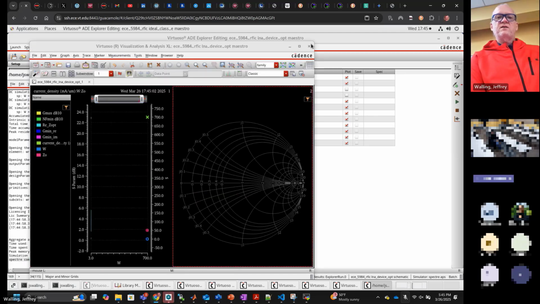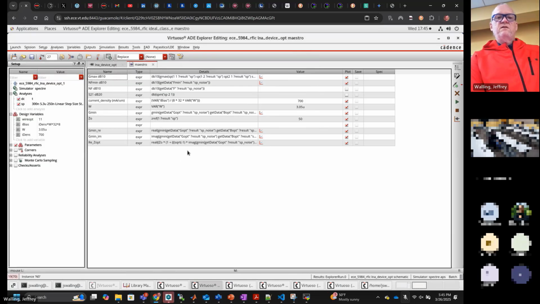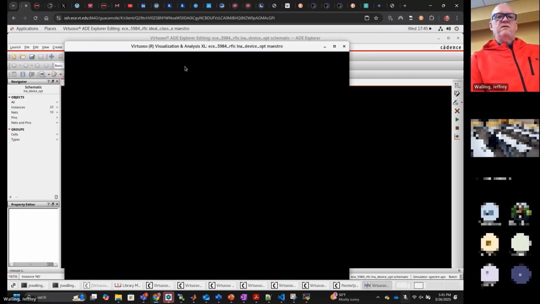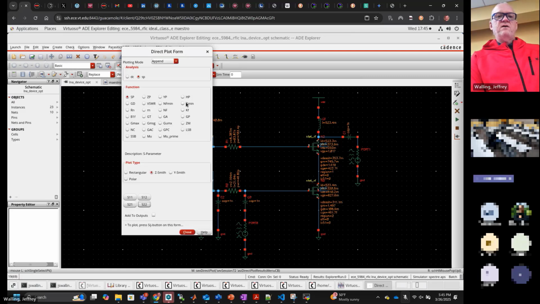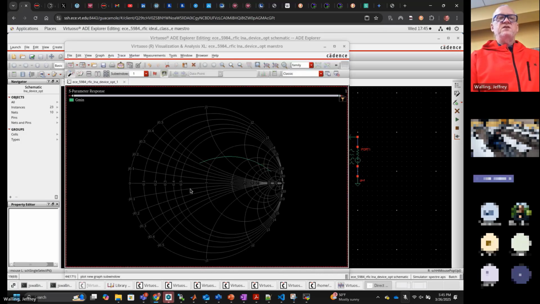All right, I'm going to come back to this in just a minute, but I can go in and plot this Gamma-opt. Gamma-opt is the optimum noise reflection coefficient. So this basically tells us what reflection coefficient we need to present to the input in order to achieve a noise match.